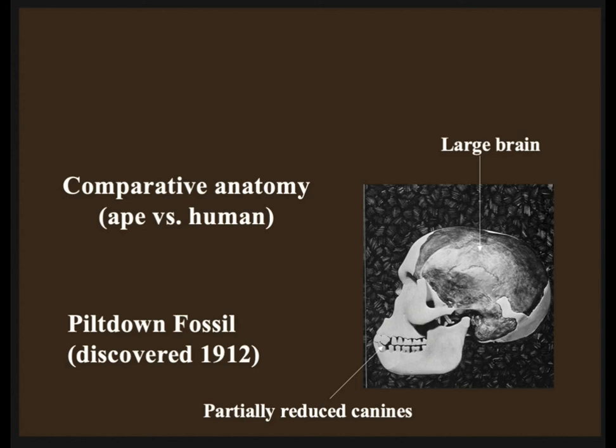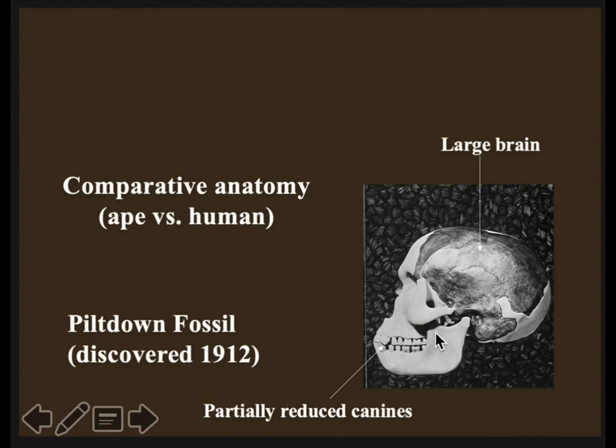What this find seemed to show is kind of the reverse. The jaw was more primitive looking, but it had a large brain. So based on this, people were claiming that early humans arose in England, that a large brain developed first, and then the rest, bipedalism, came later.